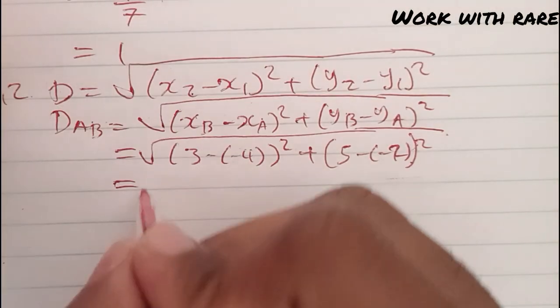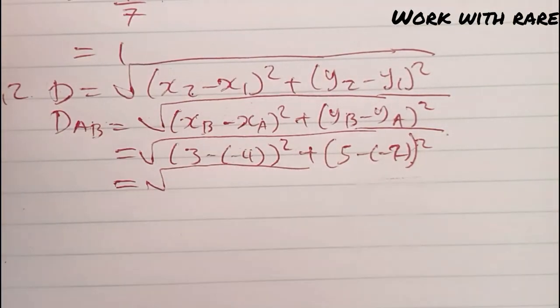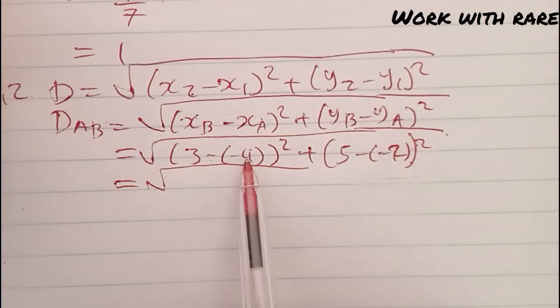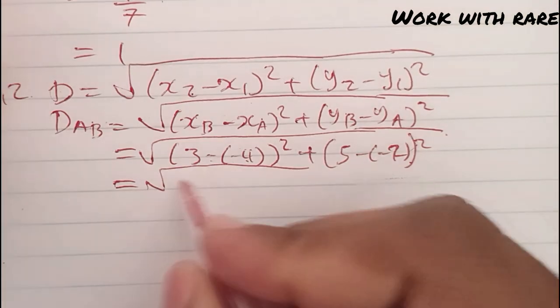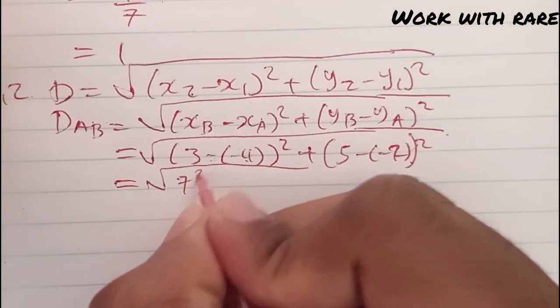Let me take it step by step, perhaps for those who don't understand quickly. 3 minus -4 is 7, so we are going to have 7 squared.